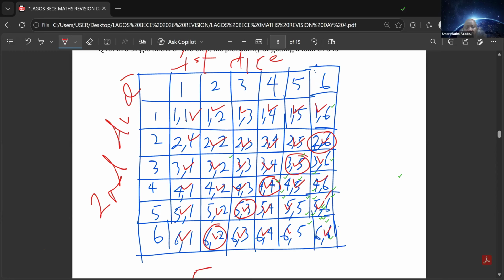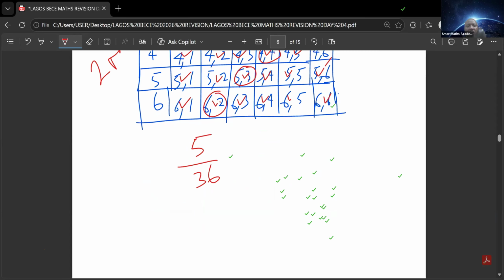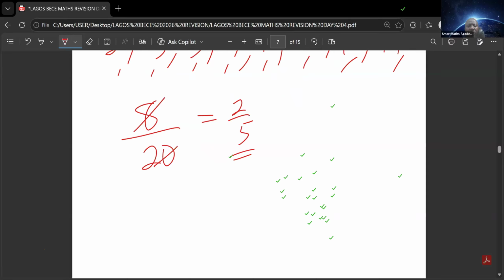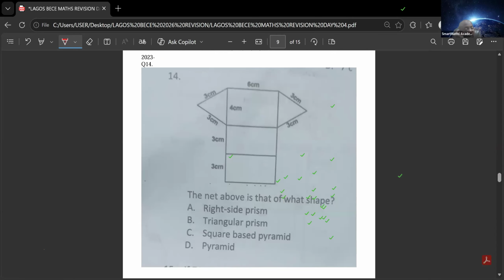Okay, so the next stage now is the last part we have there. It's not the last part, though. We still have some other ones. Okay, let's look at this one. We have the next shape above, and it is of what shape?